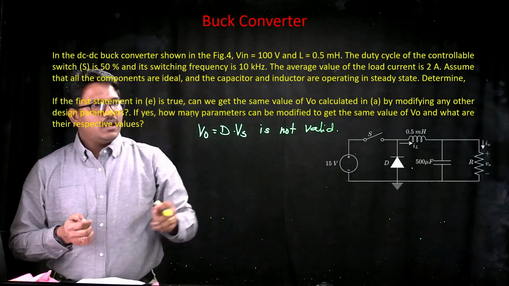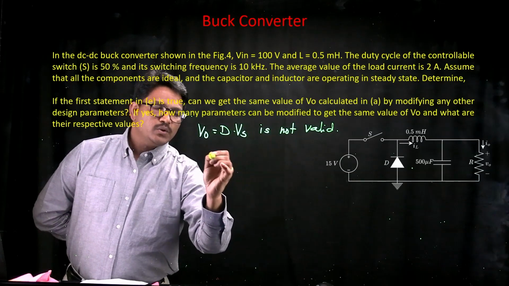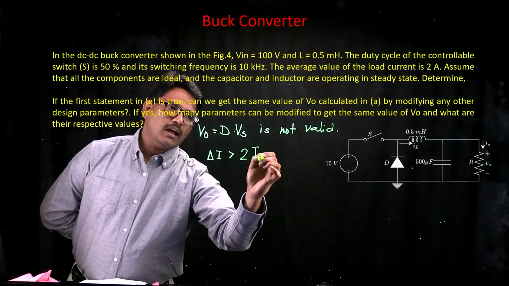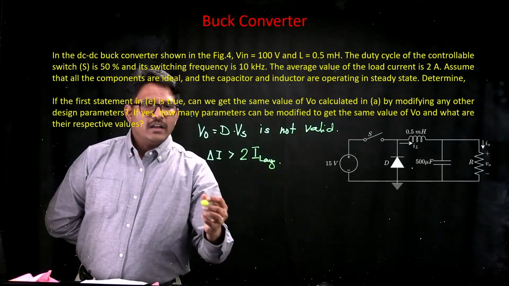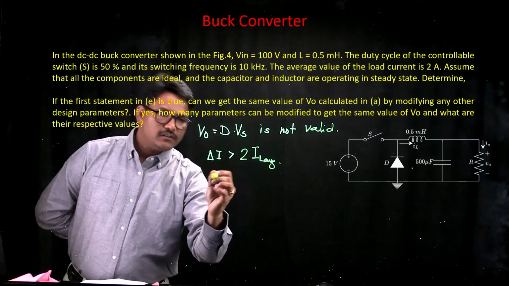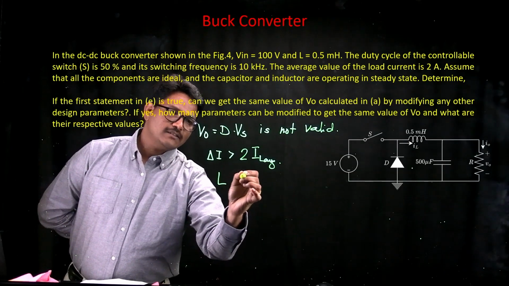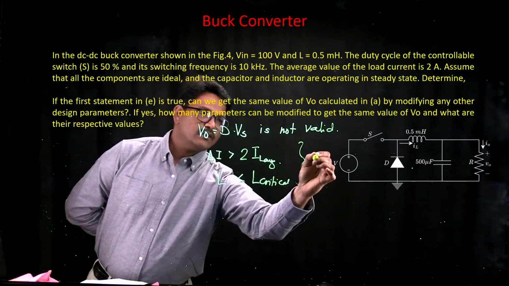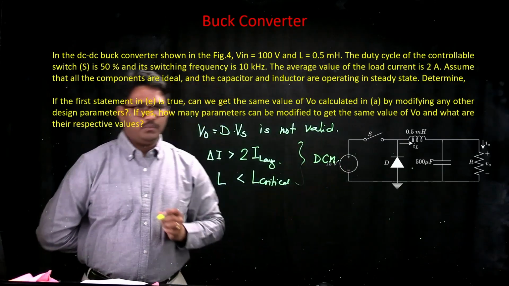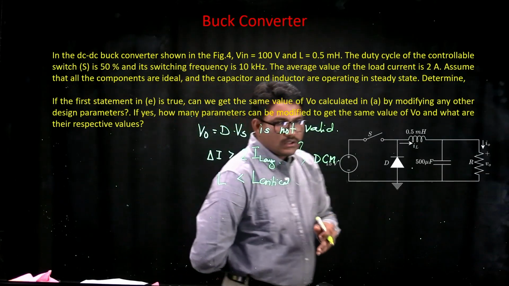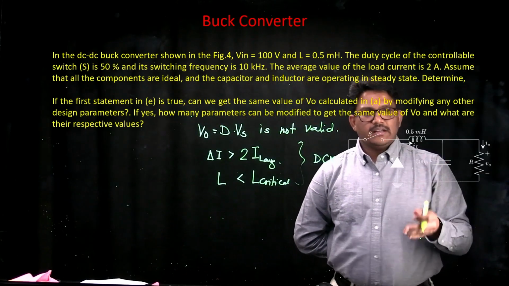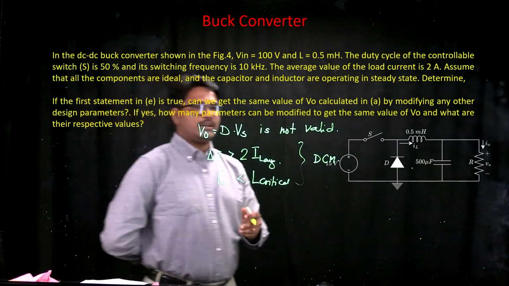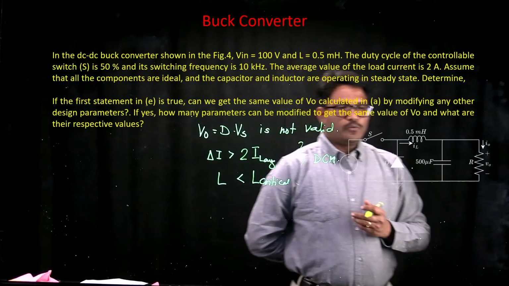This is not valid because your delta I is greater than 2 times I L average. Or in a way, this is invalid because your value of inductance is less than the critical value of inductance. So this is what is pushing you into discontinuous conduction mode. Suppose you could operate your circuit in a continuous conduction mode, then for a selected duty cycle of 50%, you will be able to get 50 volts output voltage.